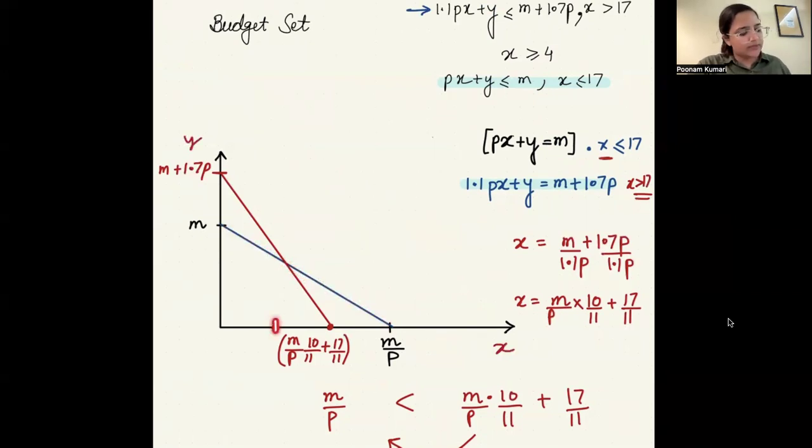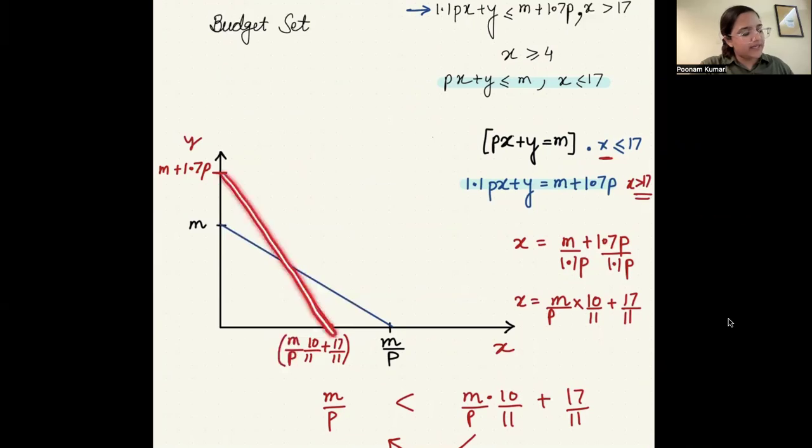So there must be some 17 value here. Whenever x is less than 17, I should look at this blue line, and whenever x takes a value greater than 17, I should look at this red line. That's what it means, right? So we should look at this intersection. Is my 17 to the left of it or to the right of it?